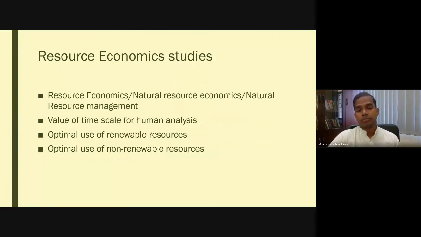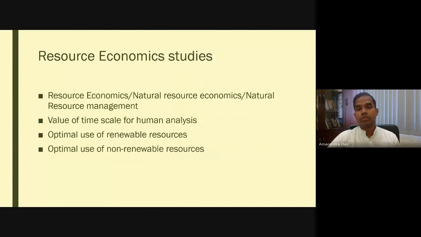So what will be the economic principles behind it? Similarly, when we are using renewable resources such as forests, fish, or water, groundwater would again be quasi-renewable, because a part of it is renewable and rechargeable, and part of it is not. So how should we use the renewable resources?